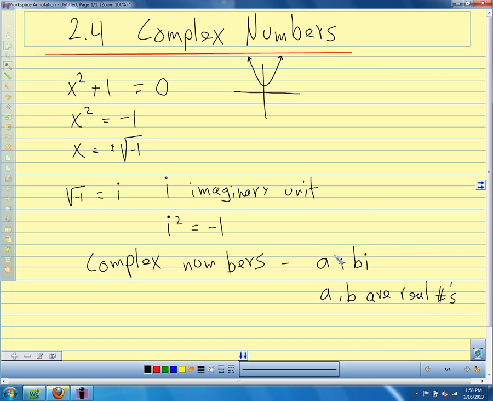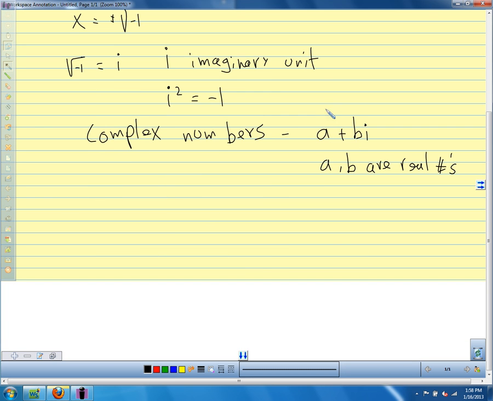We call the a part the real part, and we call the bi part the imaginary part. So a is the real part, the bi part is the imaginary part. So I'll just put that up here in red.